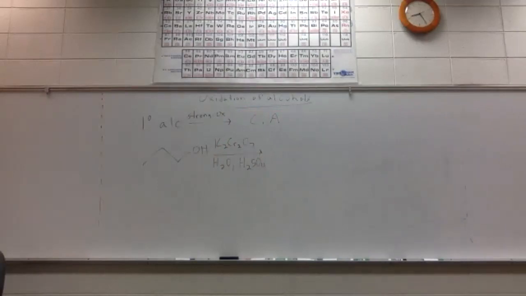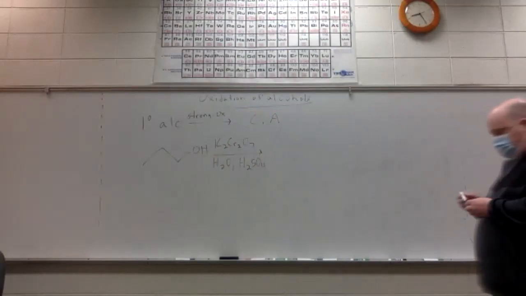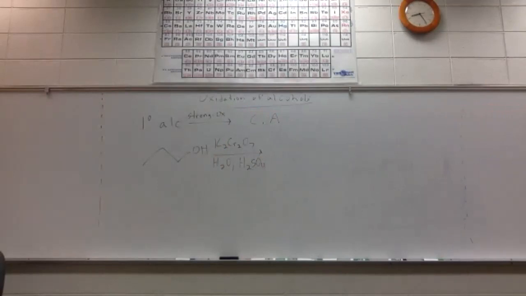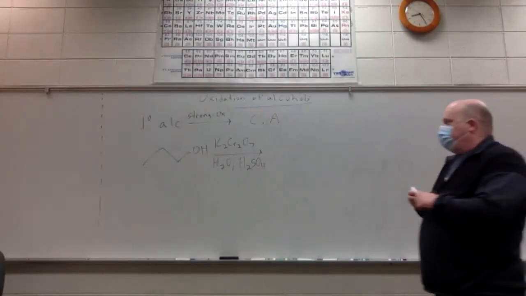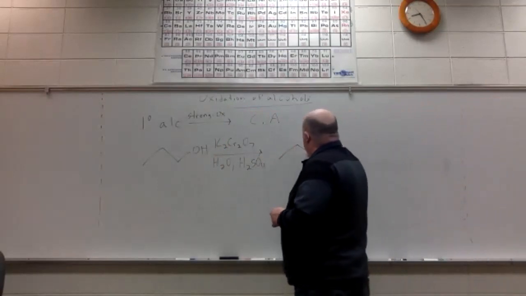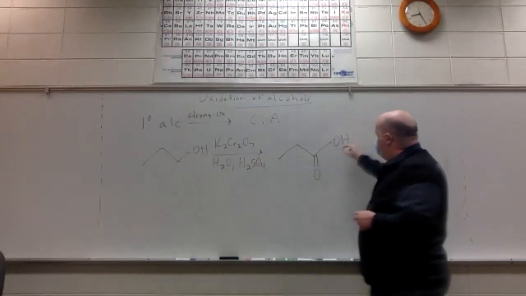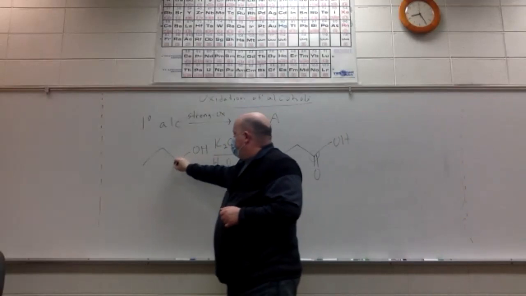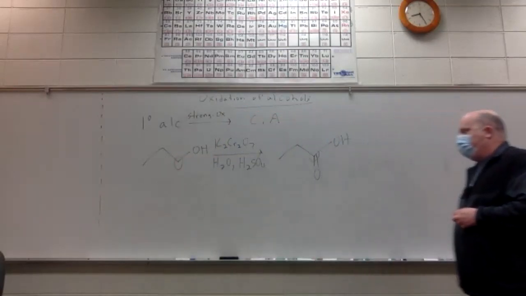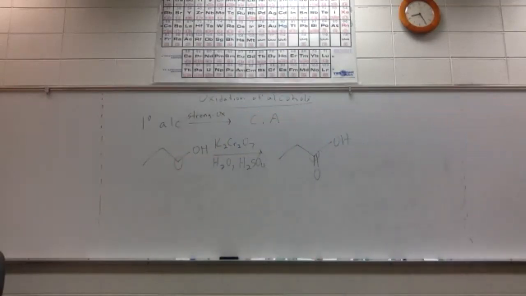Certain osmium compounds can be strong oxidizers. Be sure to look in your book. They'll have a list of common reagents that are used for this purpose, strong oxidizers, that you can select from. All right. And that'll convert this carbon directly from having 1 bond to oxygen to having 3.